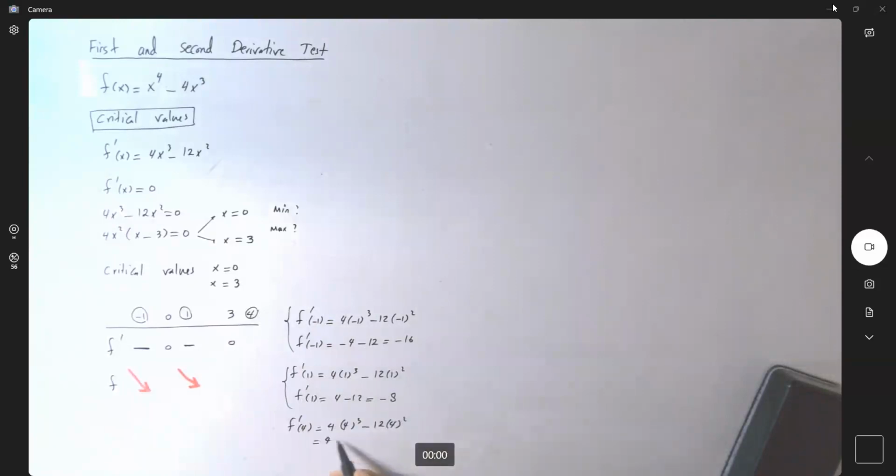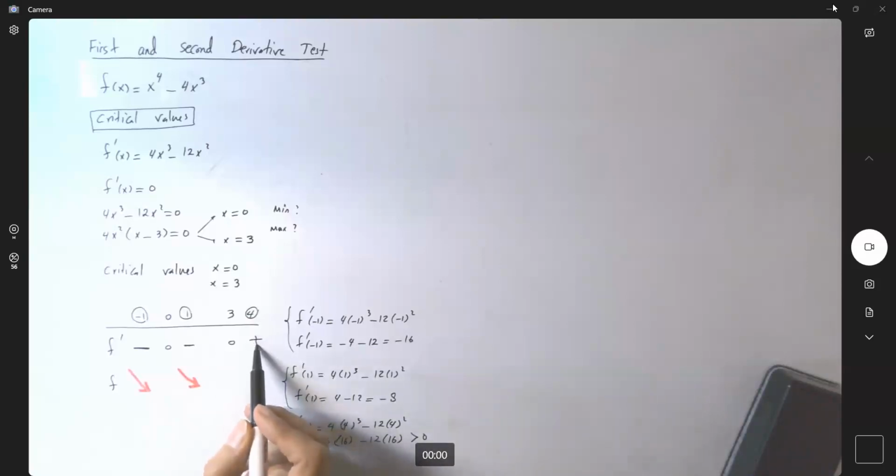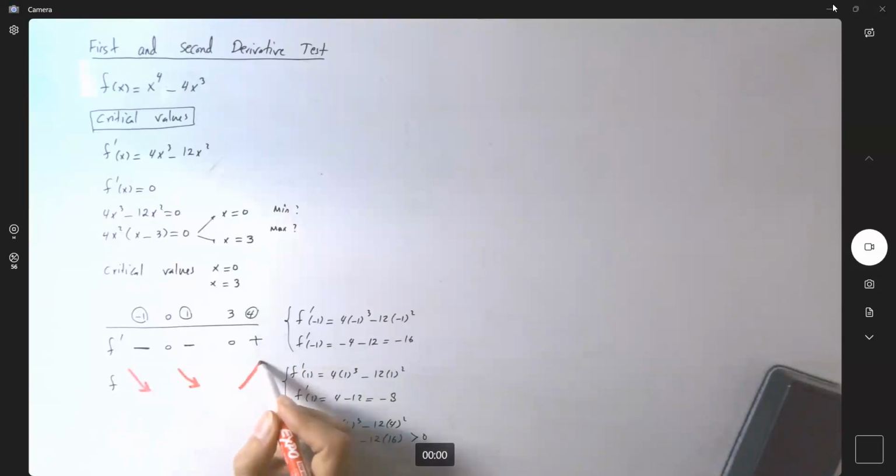That's 4 times 64 minus 12 times 16. If I factor out 16, I get 16 times 4, which is positive. Very well. So since the derivative is positive, it means that my function starts going up.